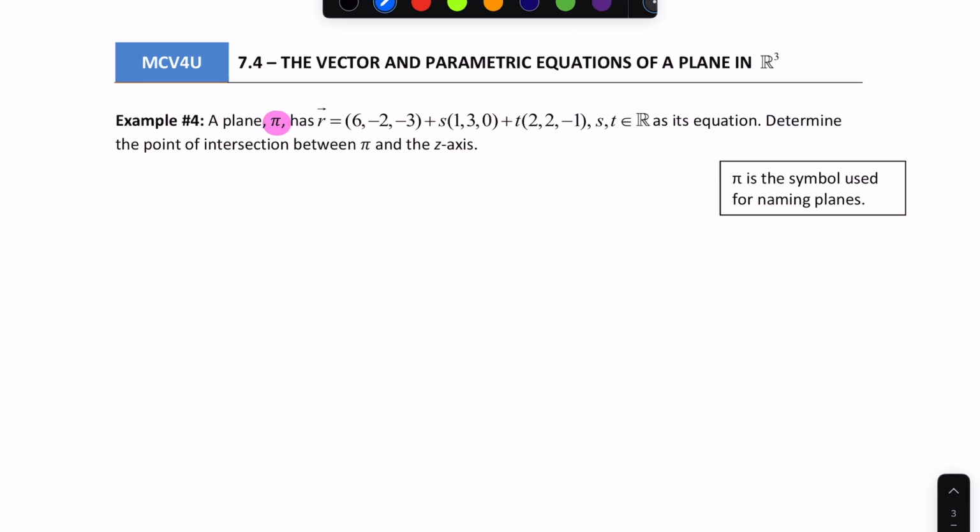Okay, so a plane pi has position vector r equal to 6, -2, -3, plus s times 1, 3, and 0, plus t times 2, 2, and -1, and s and t are an element of real numbers, as its equation. Determine the point of intersection between the plane pi and the z-axis. Again, we see that pi is the symbol used for naming planes.